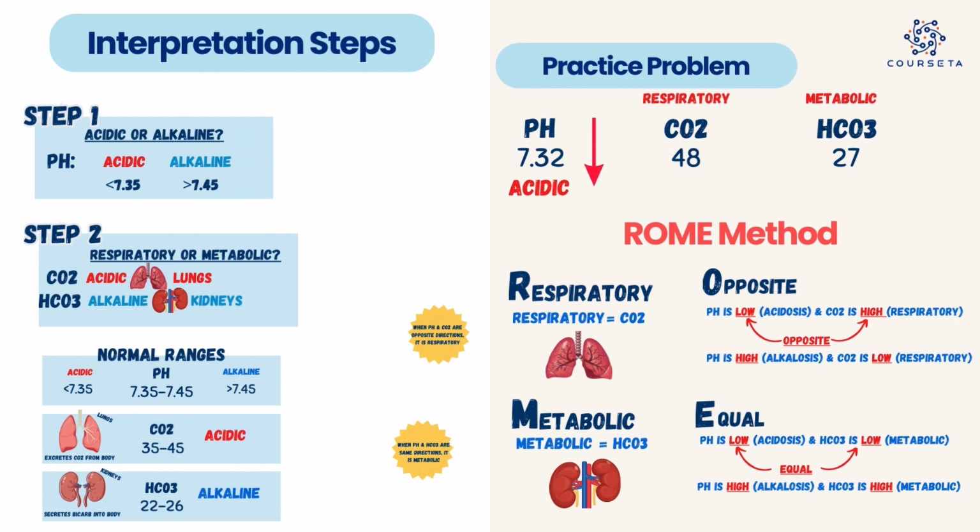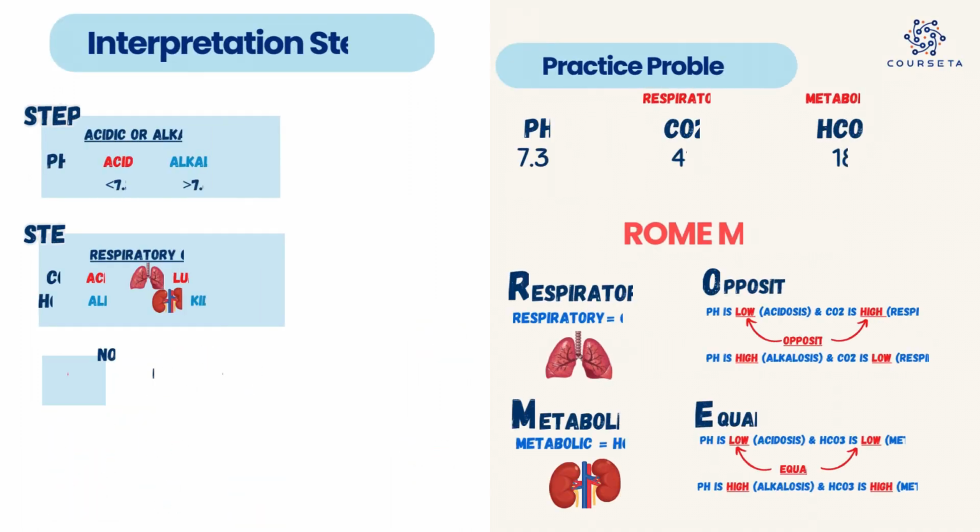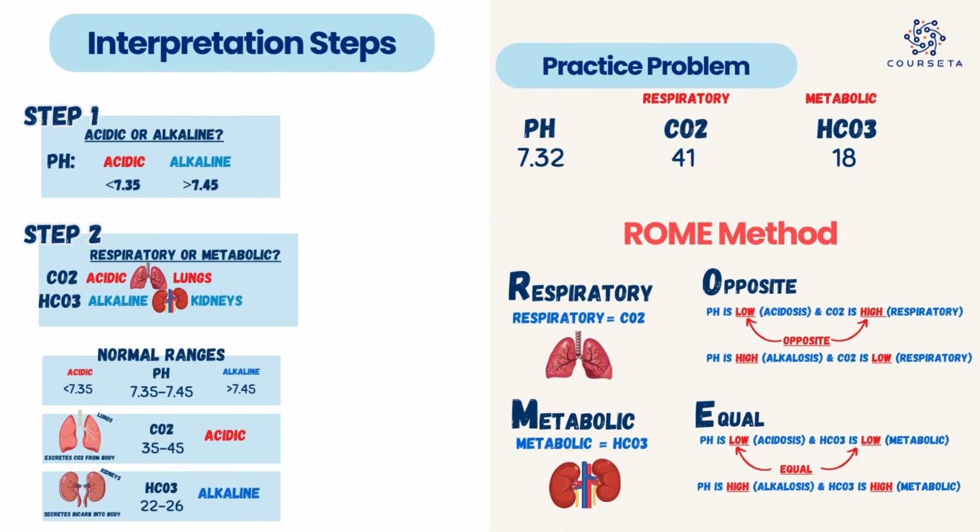The pH is low. The CO2, what's the normal range of CO2? 35 to 45. The CO2 is high. The arrows are going the opposite way, so they are opposite. Okay, so the pH once again, low, CO2 high. So that means respiratory is opposite. Respiratory acidosis.